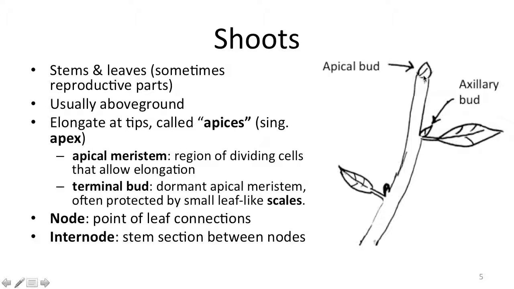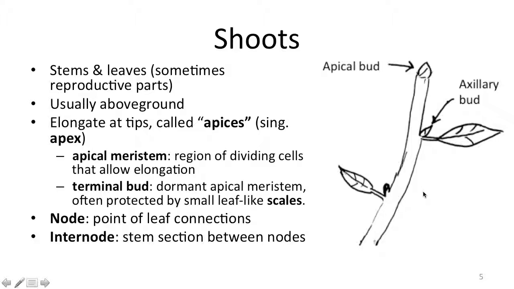During the growing season, the apical meristem is not going to be covered by scales. However, in temperate areas like South Carolina, oftentimes there's a cold season where the stem is going to go dormant. During that season, the stem is going to be protected by hard leaf-like appendages that are called scales.